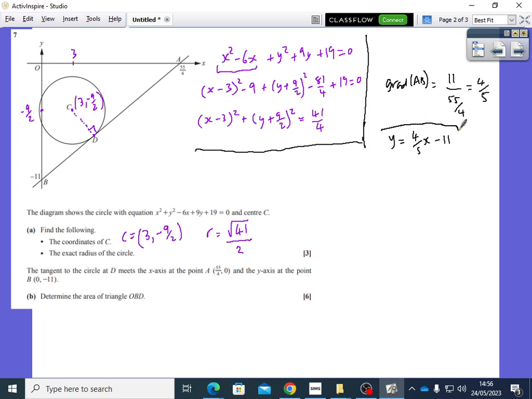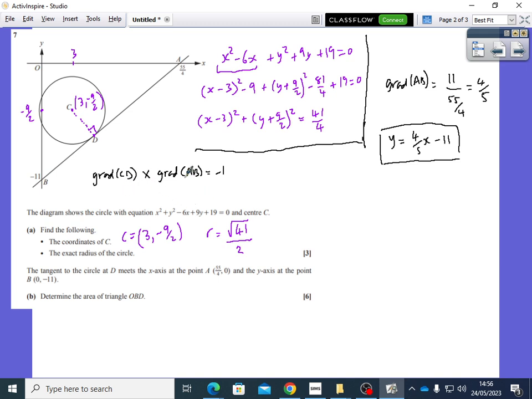Just going to put a circle around that, so that's pretty straightforward. Now because the gradient of this line here is 4/5, the gradient of this line is going to be the reciprocal of that. So the gradient of CD times the gradient of AB, because they're perpendicular, is going to be -1.